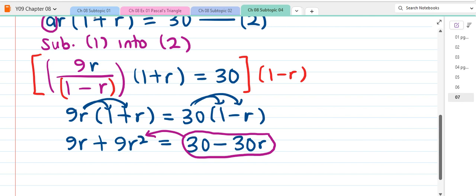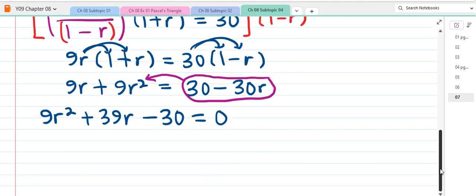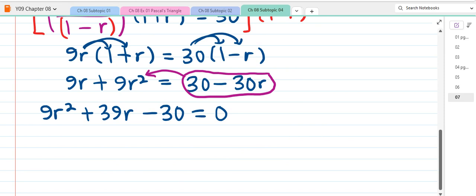So let's move the 30 minus 30r to the left side. Okay, arranging them all straight away. So you will have 9r squared, and 9r plus 30r is plus 39r. And the 30, you move to the other side, the left side will be minus 30, equals to, the right side is 0. So this one, the tip is, if you have common terms in an equation, you can just straight away divide all the terms with a number that is a common factor.